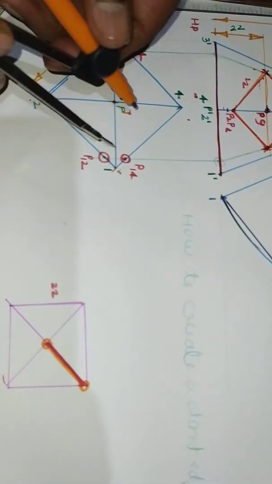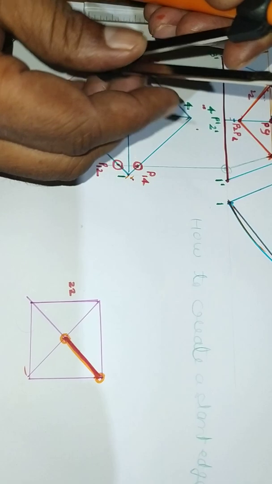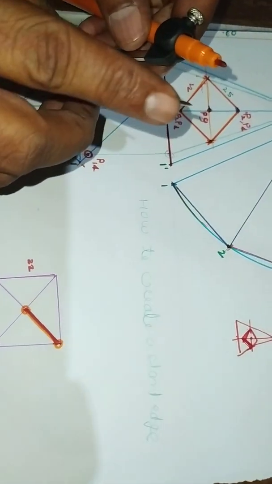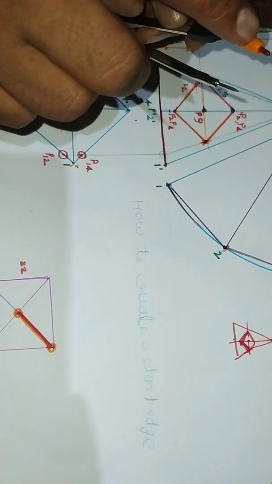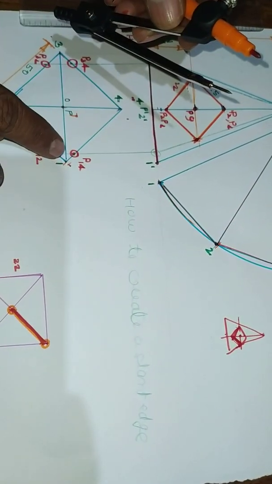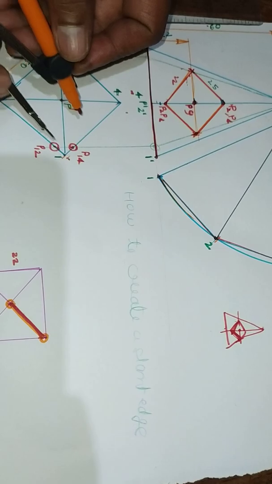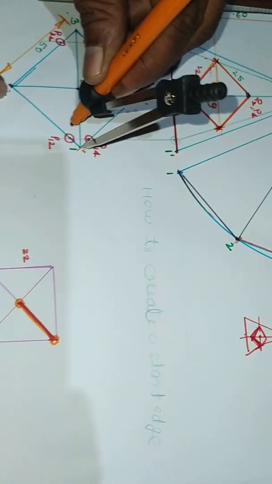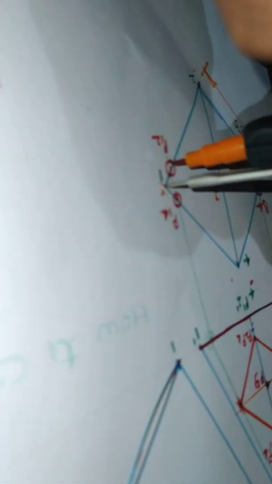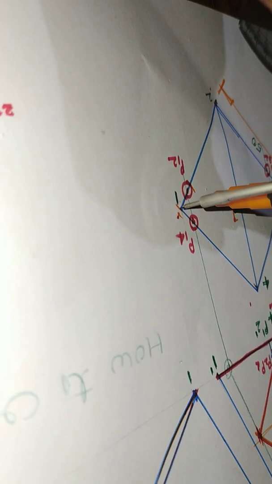Now I transfer this point. We have to observe clearly: the compass metallic pointer on point 1 and the pencil pointer on the point which we have created. On the edge 1-2, I have taken this distance. I keep the pointer on 1.